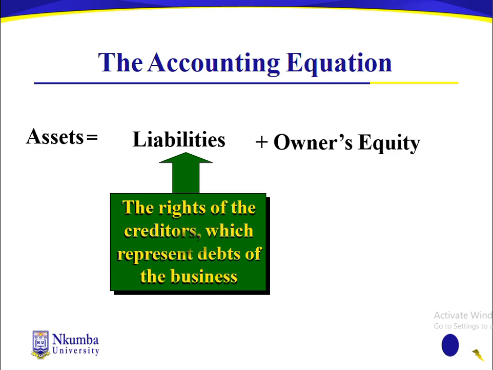So for that case, you will see that liabilities can arise from loans or creditors, or where the business has a debt. So the summary of what we call liability is, the word is a debt. Liability is a debt, and this debt can arise from acquiring a loan facility or having creditors.